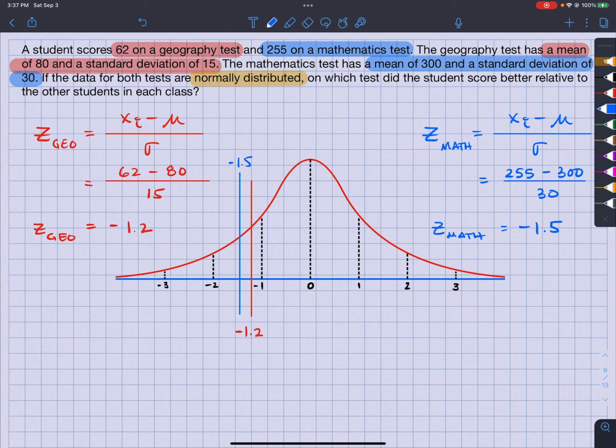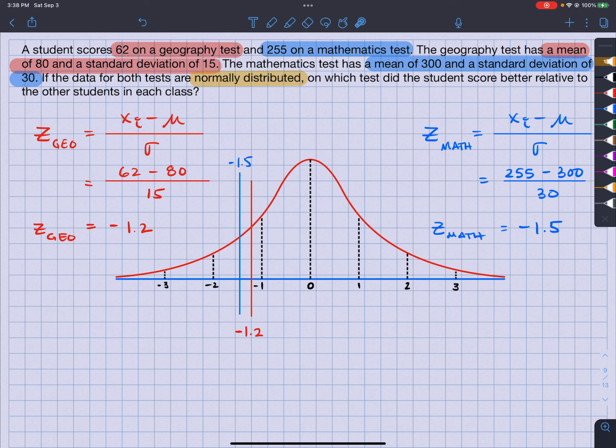So if you notice, where is it closer to the actual mean? Which one has a higher score? Or better yet, who had a higher percentile? Because if a larger percent scored below my score, then my score must be better.